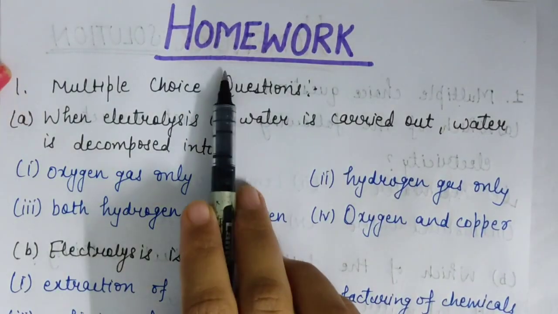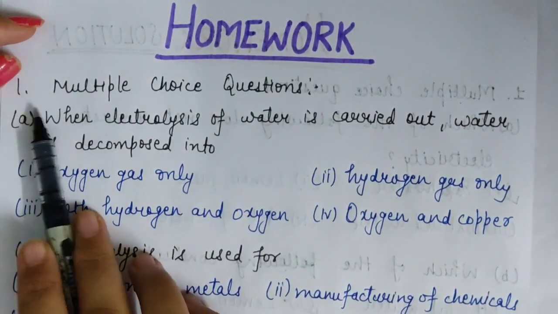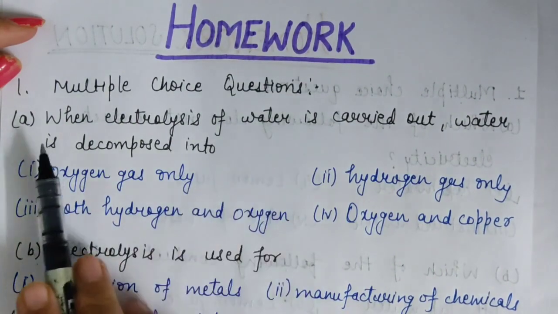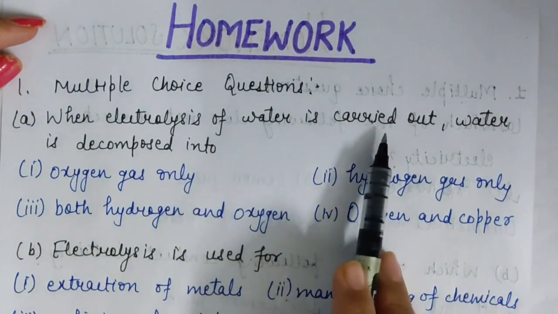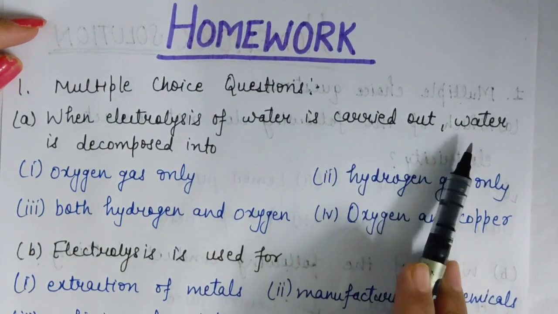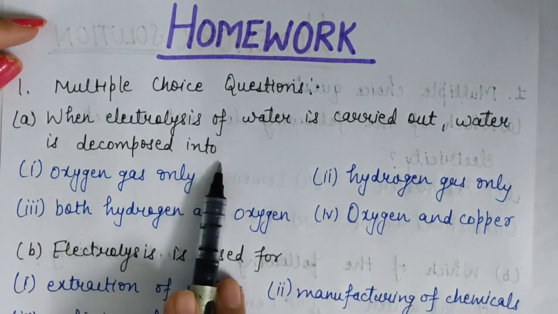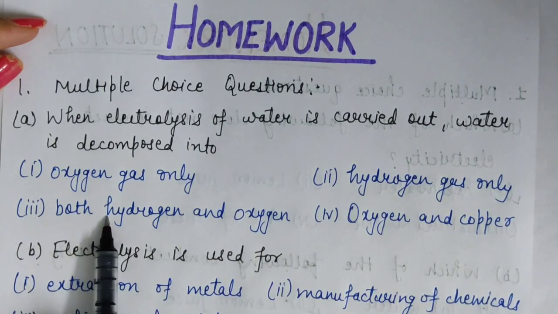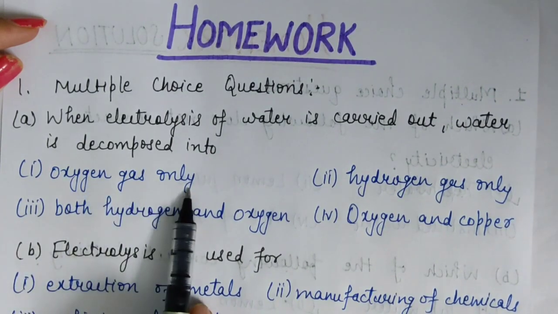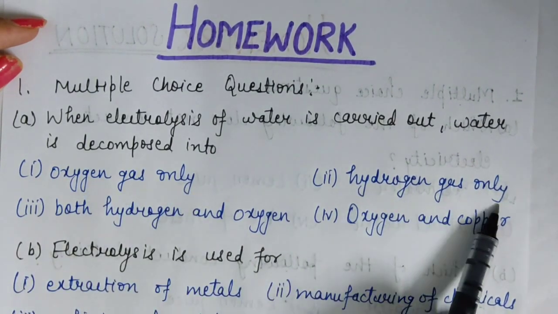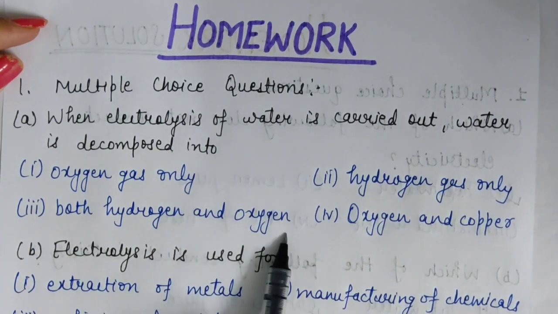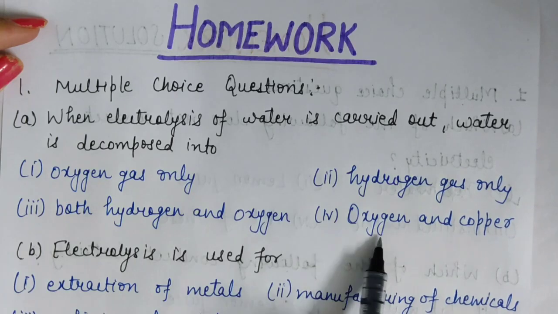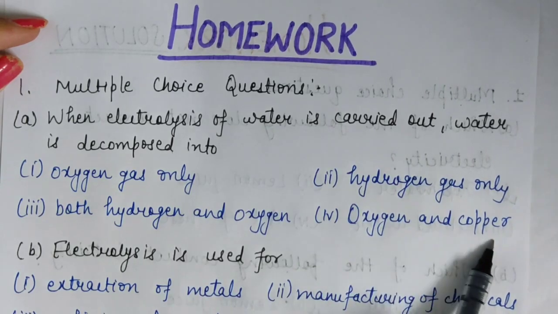So students, your today's homework: first question is a multiple choice question. A part, when electrolysis of water is carried out, water is decomposed into: options are oxygen gas only, hydrogen gas only, both hydrogen and oxygen, and the last option is oxygen and copper.